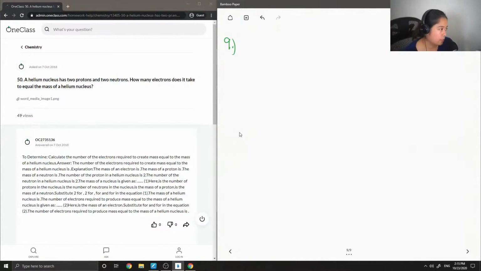Okay, so I'm just going to write down the values of the masses of protons, neutrons, and electrons.